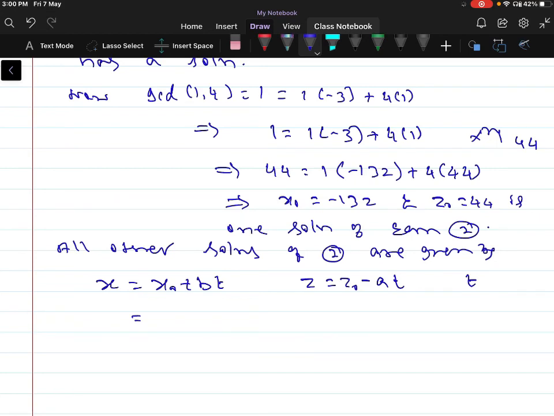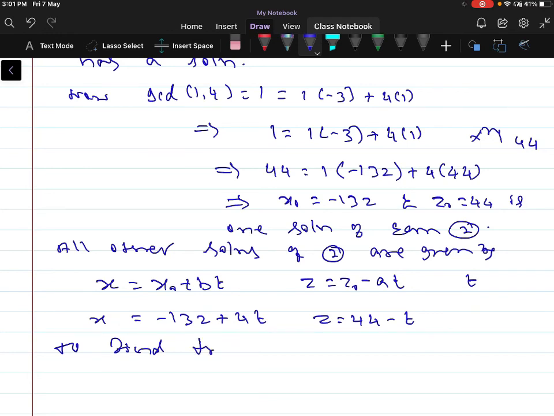Where x naught is minus 132 and b is 4, and z naught is 44 minus a, which is 1, into t. So x is equal to minus 132 plus 4t and z is equal to 44 minus t, all the other solutions of equation 2.